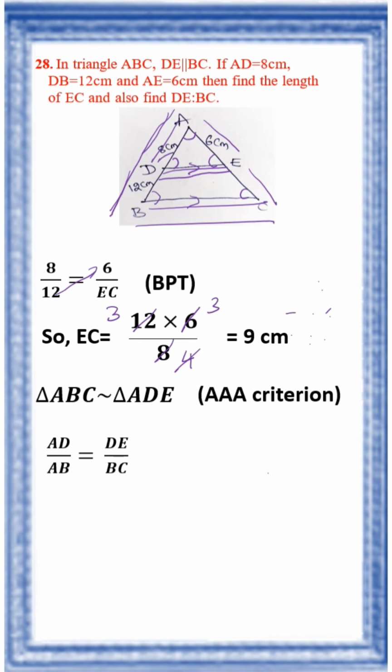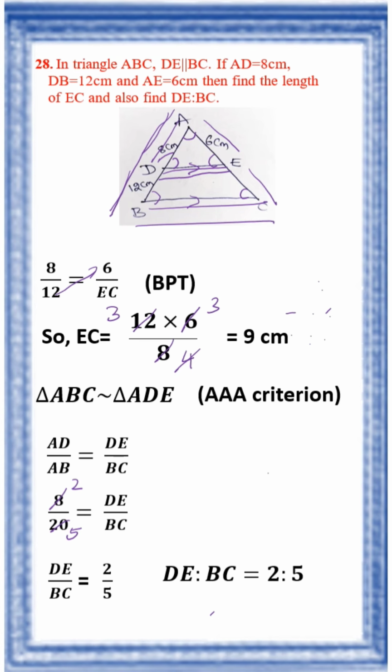AB is 8 plus 12, that is 20. 8 by 20 is equal to DE by BC. Here 4 2s are 8, 4 5s are 20. So DE by BC is equal to 2 by 5. DE is to BC is equal to 2 is to 5.